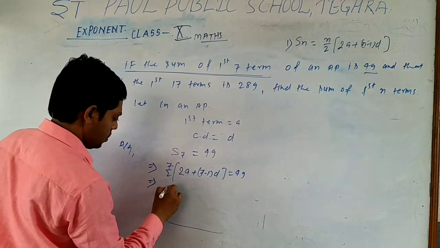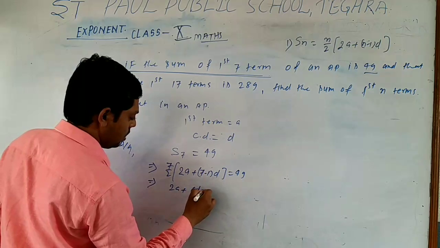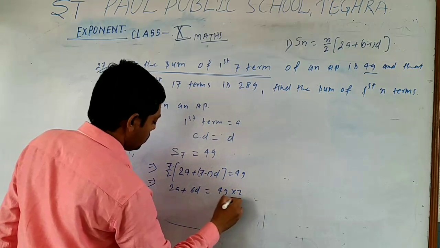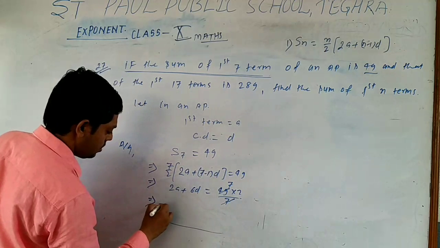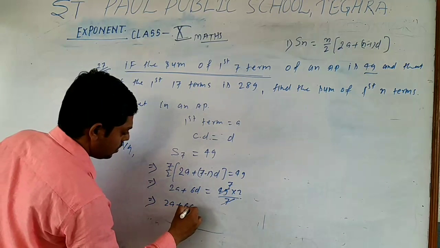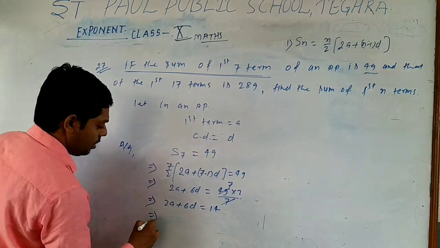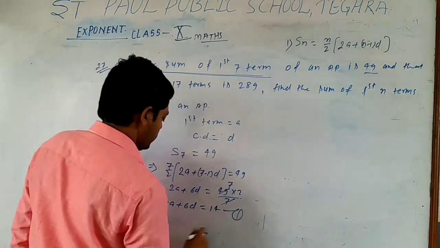This gives us 2a plus 6d is equal to 49 multiplied by 2 divided by 7. 7 sevens are 49. This gives us 2a plus 6d equal to 14.